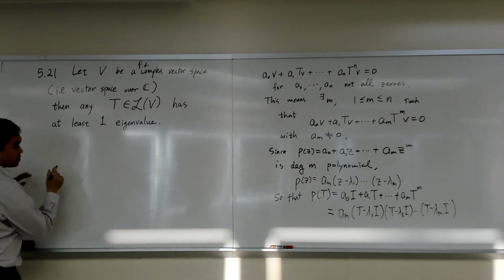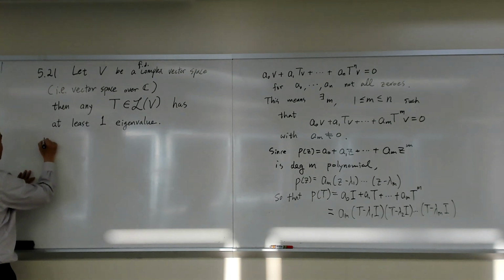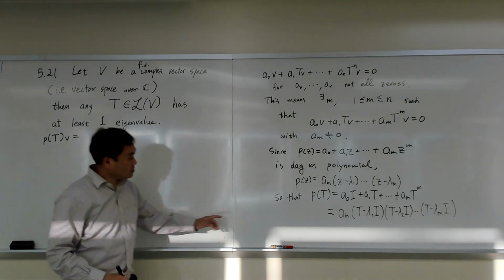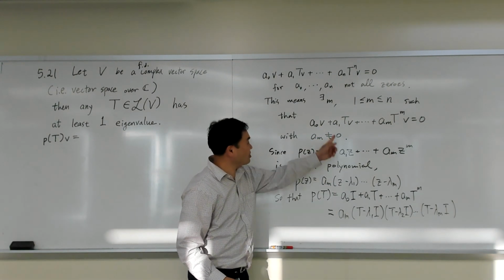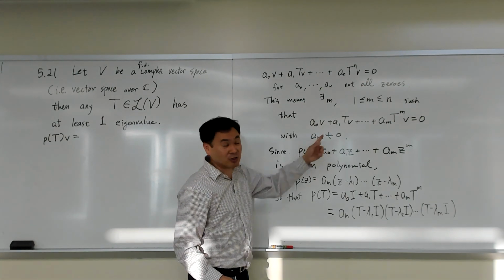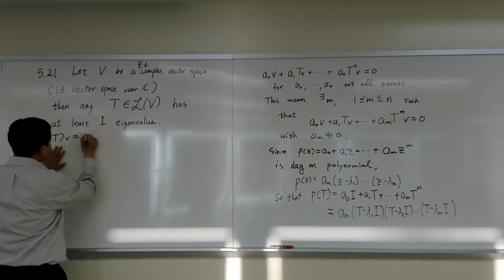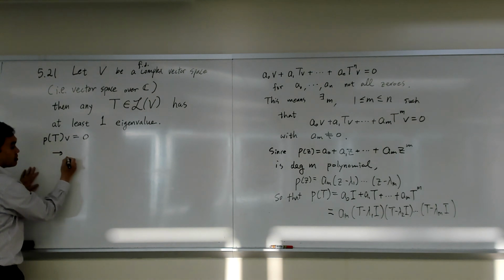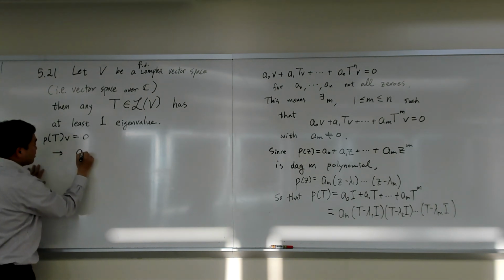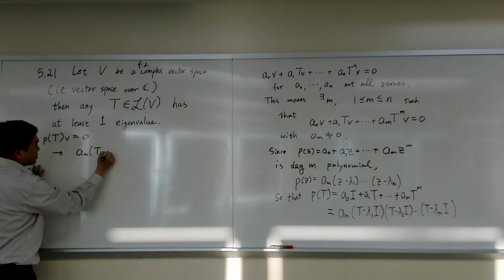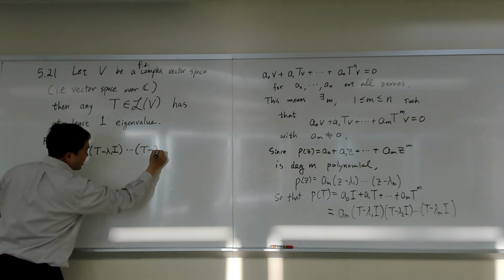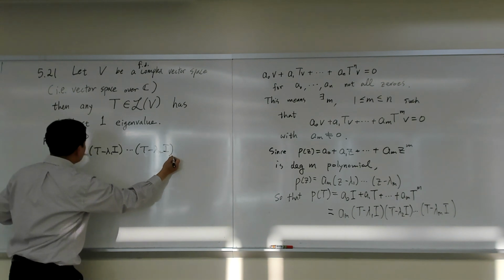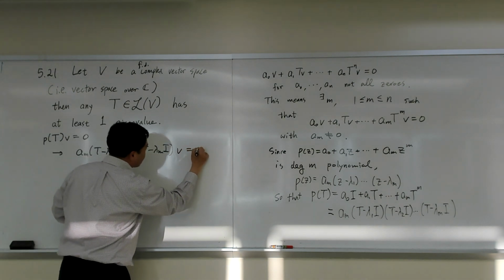Now, what does that mean? P(T) applied to V is this applied to V, which is exactly this one, right? So it's 0. Okay? P(T)V equals 0, so that Am (T minus lambda 1 I) all the way up to (T minus lambda m I) applied to V is equal to 0.